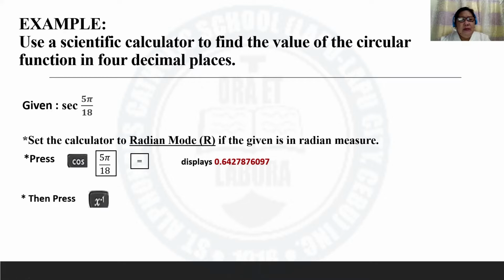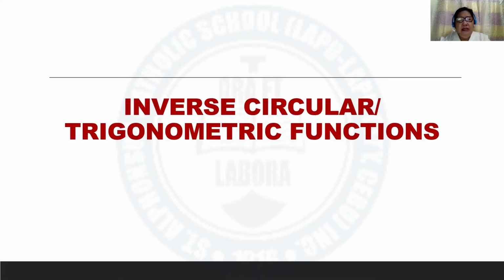Then press the reciprocal key, x to the negative 1, then equals, then it will give you 1.55572387. Hence, secant 5 pi over 18 is equal to 1.5557. Next, let us have the inverse circular functions or inverse trigonometric functions.